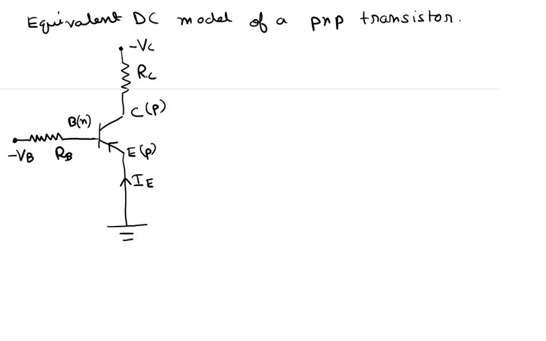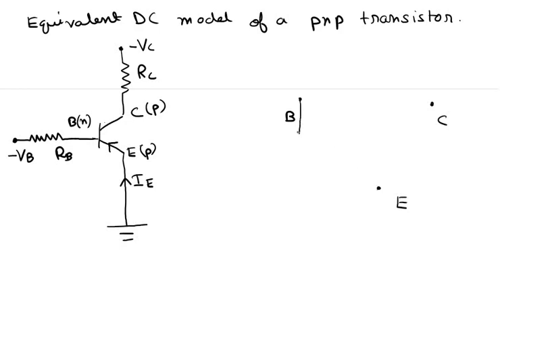Okay. Now, this transistor also has three terminals. One is the base, another is the collector, and the third one is the emitter. And just as before, the base to emitter junction is actually a forward bias diode.